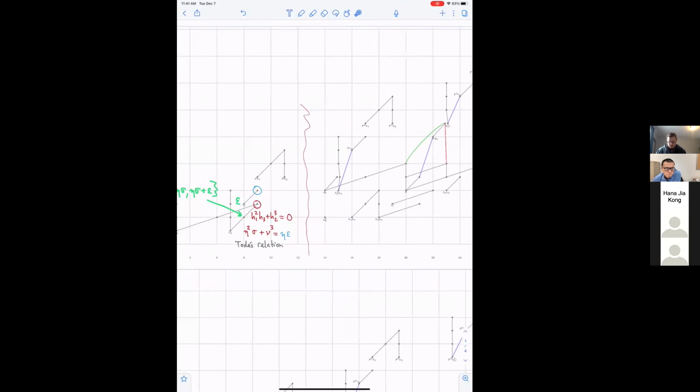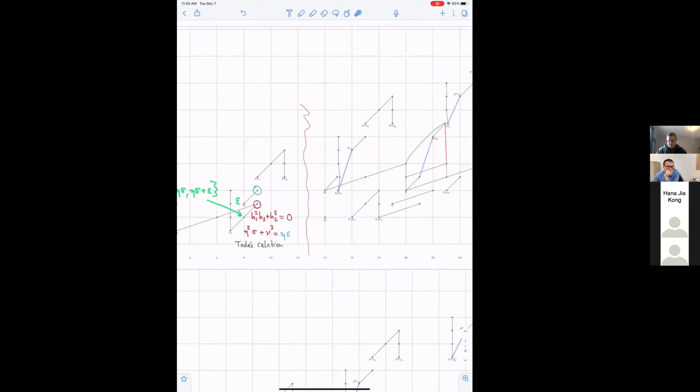And then the other one was right here. There was h1 h4. Notice in pi 16, there's 2 dots. There's PC0. PC0 detects a well-defined element. h1 h4 detects 2 elements. Those 2 elements differ by PC0. And that's exactly what happened. The Toda bracket had eta multiples in the indeterminacy, and see there's a hidden extension here.